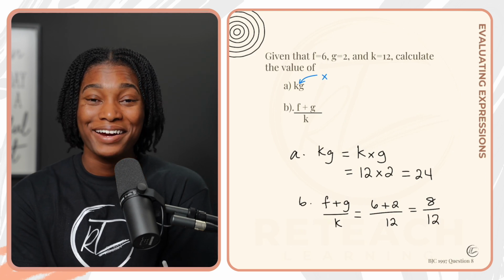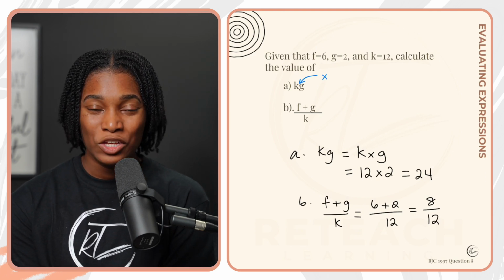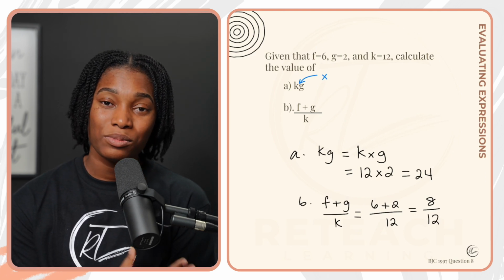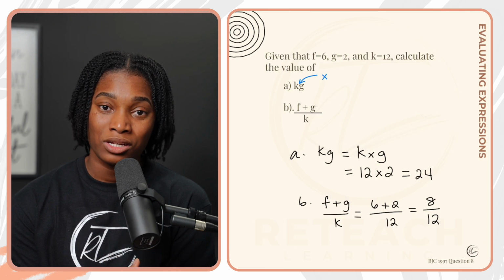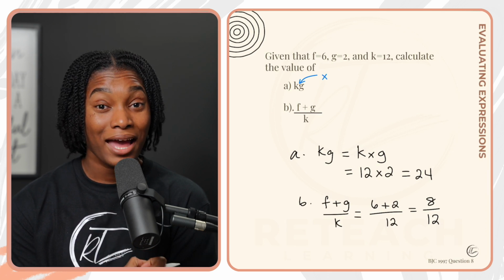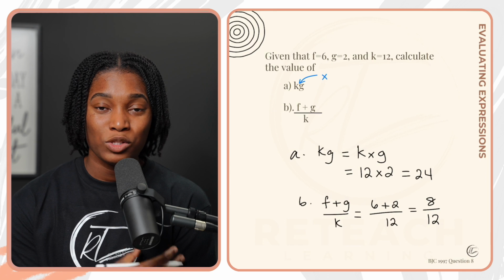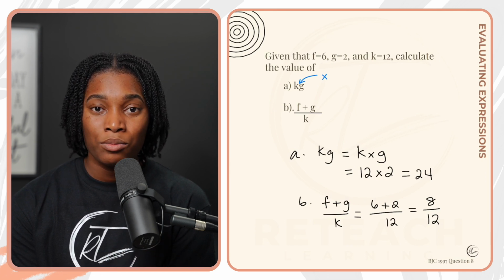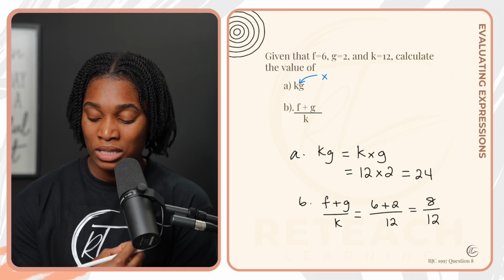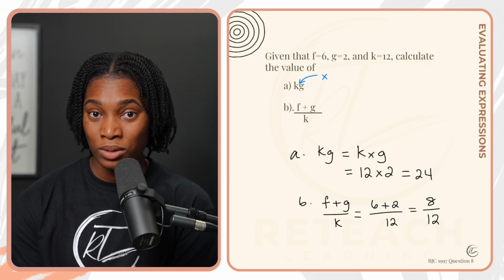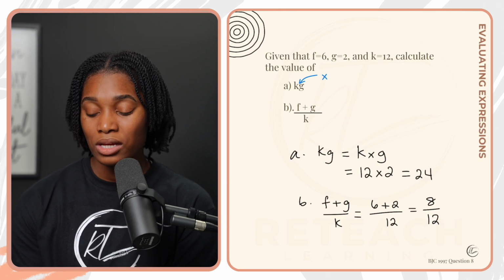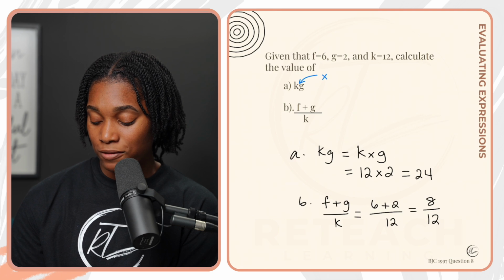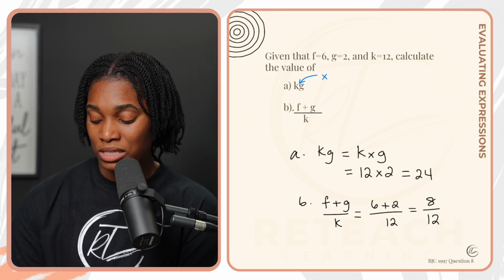Now, for the most part, whenever you have a fraction, you want to check to see, can I simplify or can I reduce this fraction? Are there any common factors between the numerator and the denominator? And when I say factor, I want you to think about a number that can go into both the number 8 and the number 12 without any remainders. So a common factor between 8 and 12 is the number 4.